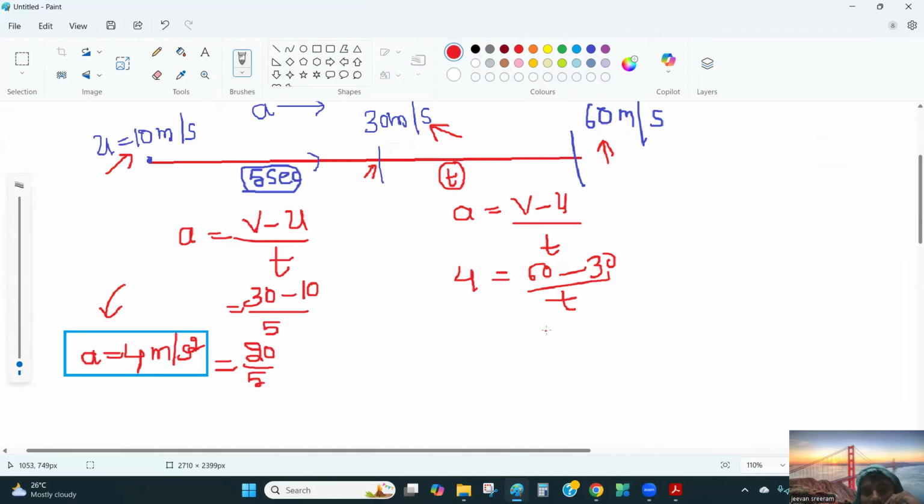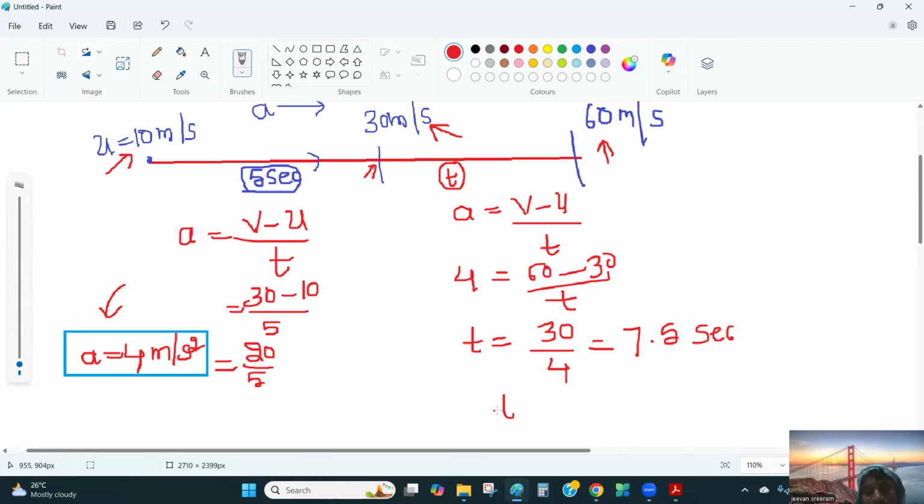The time taken for change in velocity from 30 meter per second to 60 meter per second. So the time taken is t, should be written as it is. That's what we have to find. 60 minus 30 is 30 divided by 4. The time taken, 4 sevens are 28, 4 fives are 20, so 7.5. It's time, so it must be seconds.